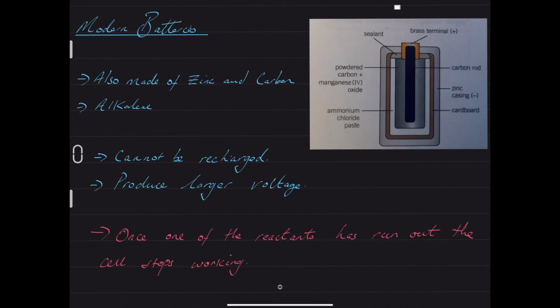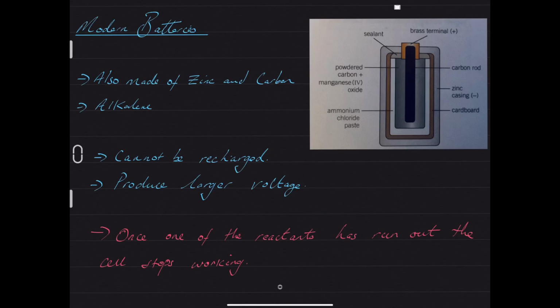So these cells are also made up of zinc, and there's a carbon rod here, and it cannot be recharged, and these produce a larger voltage. The reason they can't be recharged is that once the reactants have run out, the cell will stop working.